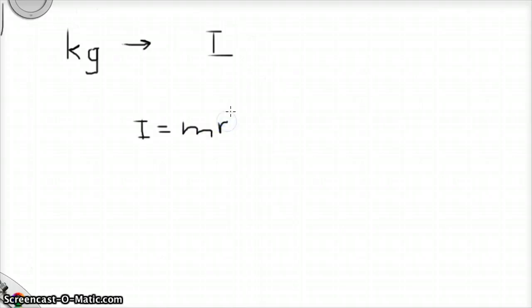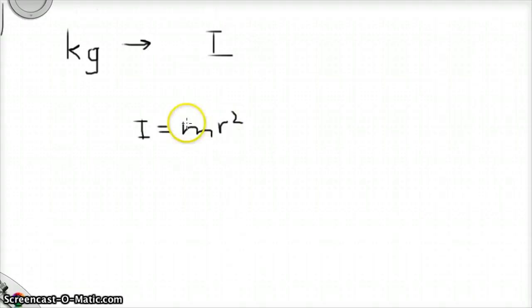The conversion for kilograms into inertia, which is our analogy for rotational kinematics, was basically this equation: inertia is equal to mass times distance squared. Now, this is an average of what inertia actually is. Inertia is different for different types of objects. This is just a general equation for what inertia is.